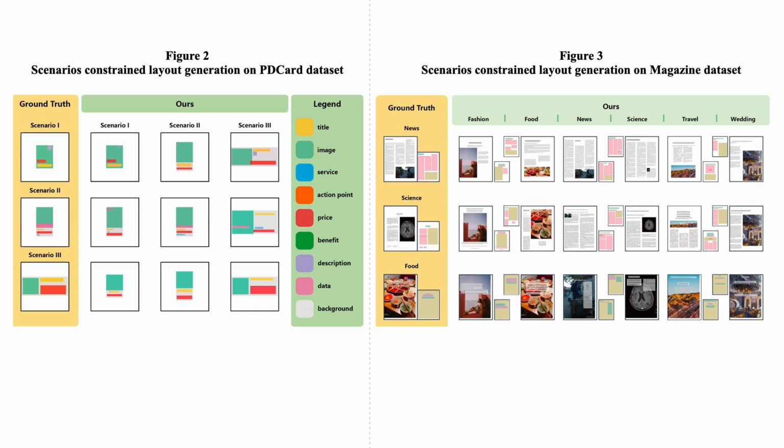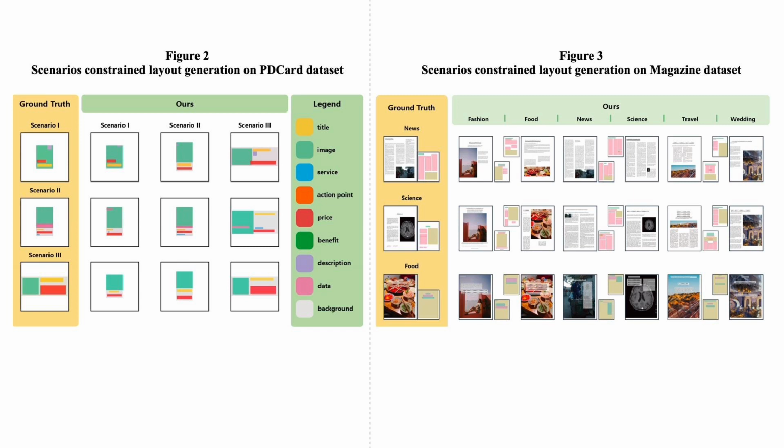By comparing the layouts in the same row, it can be found that even with the same element labels, our model can generate distinctly styled layouts based on different scenarios. For instance, in Figure 3, the layouts for science and news magazines are usually structured and aligned, but the ones for others are more casual and varied, especially for fashion.